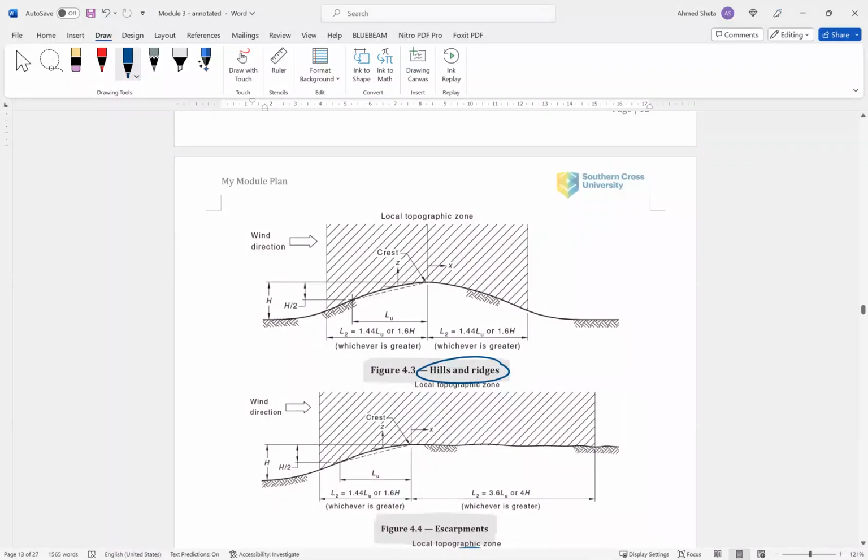So if the building is somewhere here, this is the height of the building, this will be the value of LU, this is L2, and this is H of the hill.